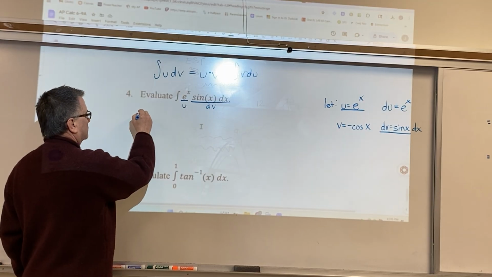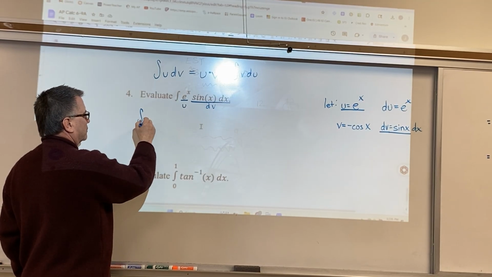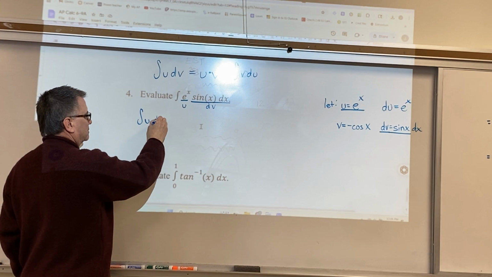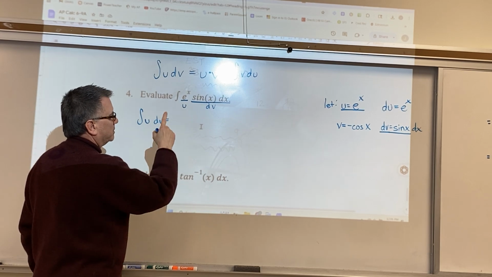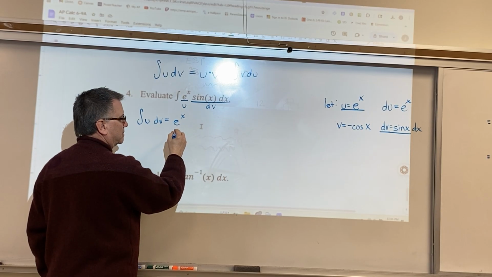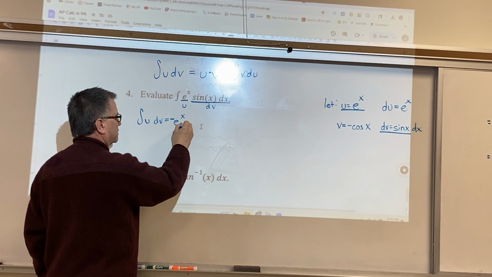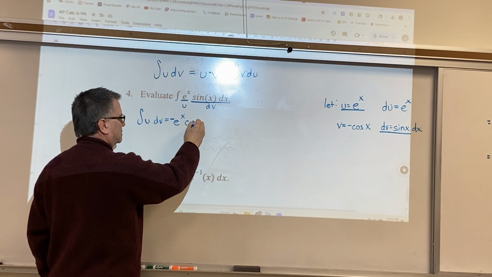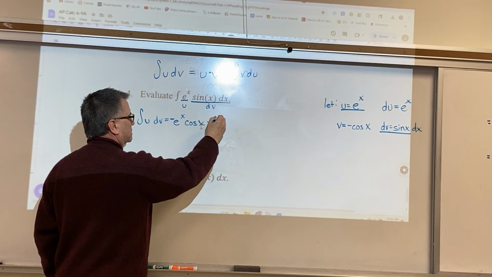Okay, so this integral will be u times v, which is e to the x, negative cosine x, minus the integral.